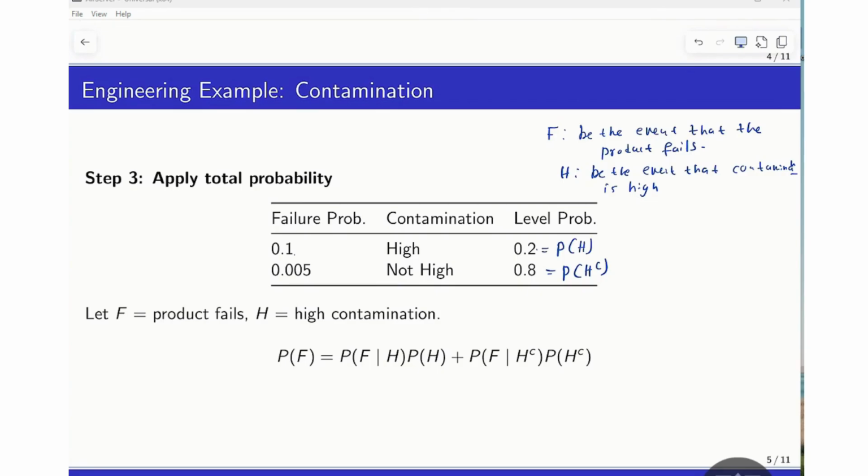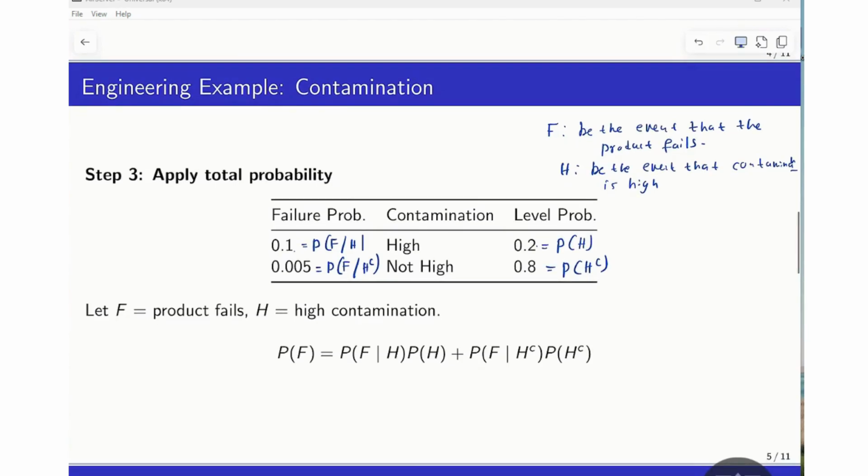So failure can occur in two different ways, under high contamination or under not high contamination. That means this 0.1 is the probability of failure under high contamination. This means the probability of failure under not high contamination, that means the complement of H, of C.